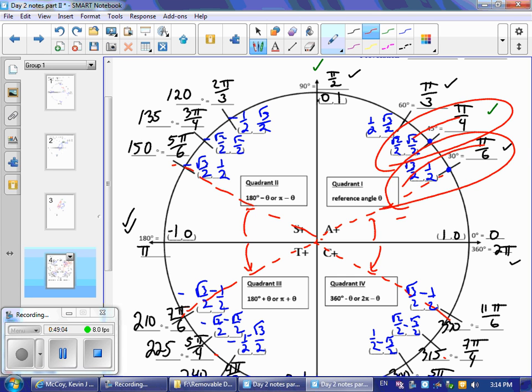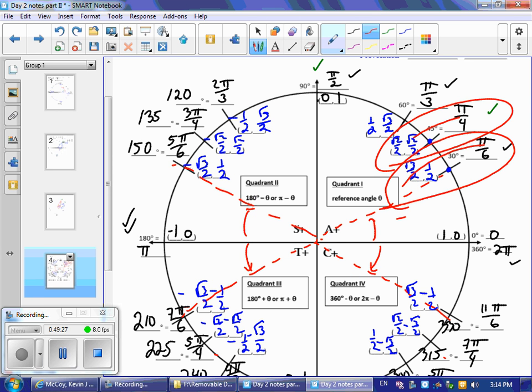The reason I didn't memorize pi thirds was because if I knew pi sixth, remember it's just the opposite, you're going to flip the x's and the y's. So if I chose to memorize those two, I could figure everything else out. And when you really get good, you'll be able to complete one of these whole circles without being given any information within about 2 or 3 minutes, accurately.